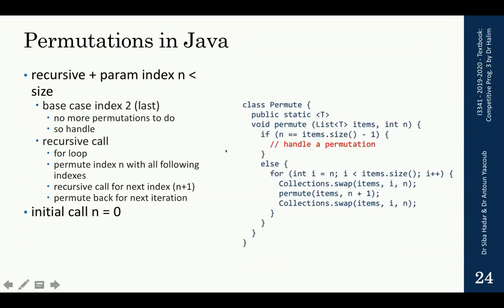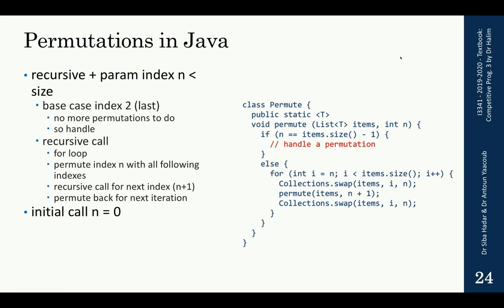For Java, this is a very easy method that you can write. This is a static permute function that takes a list of items to permute of type T, so you can give it any list type, integer, string, etc., and permute it.